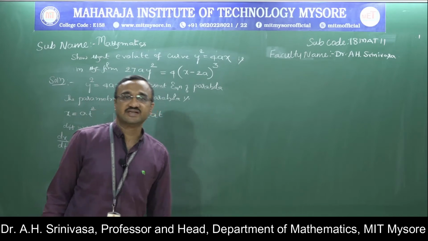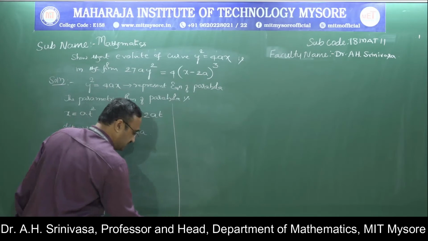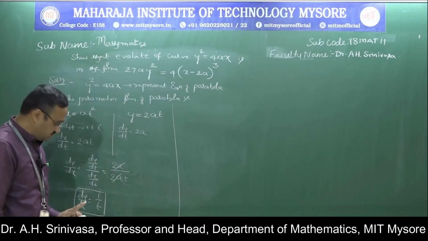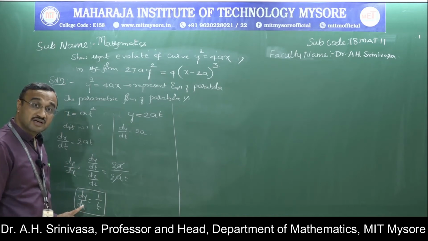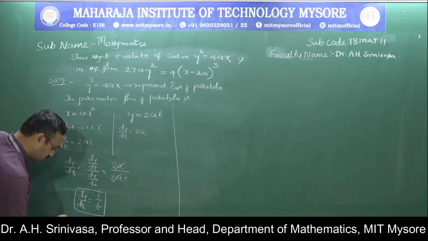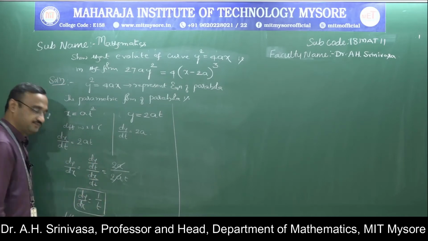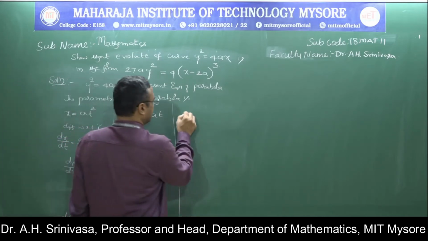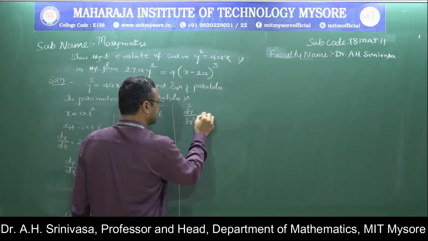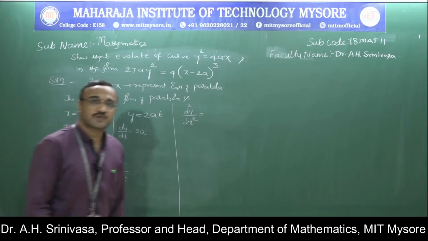Now the next procedure is to find the second order derivative. If you want the second order derivative, differentiate this with respect to x. What do we get here? d square y by dx square should be equal to the differentiation of 1 by t with respect to x.